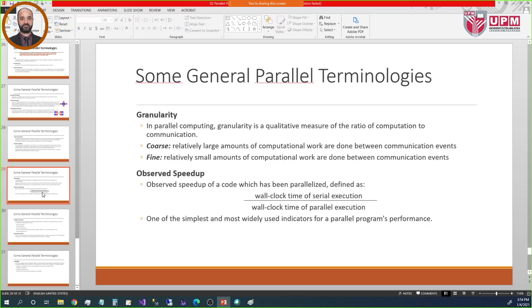Here we have granularity. I think I already explained it in the last class. So in parallel computing, granularity is a qualitative measure of the ratio of computation to communication.